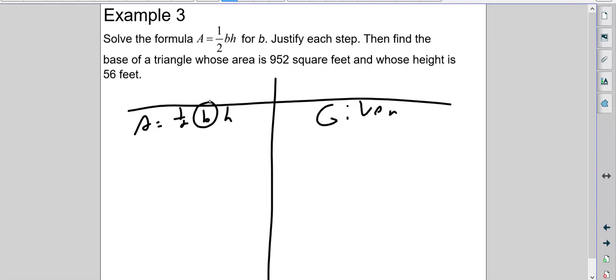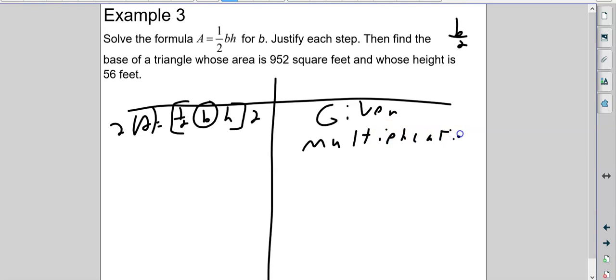Now, 1/2 is really the same as b over 2, which means b divided by 2. So how would you get rid of that 2? Multiplication. So I'm going to multiply both sides by 2. I showed it up on that step, but you know what's going on. So I'm going to skip a space down here.